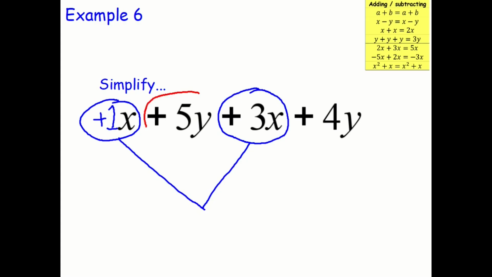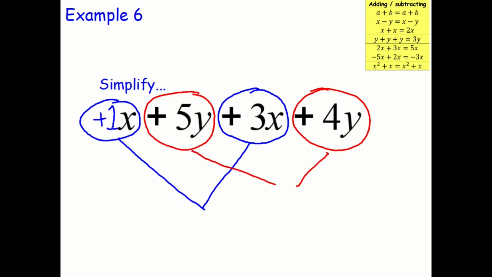Here I've got a y term, it's a positive 5y and a positive 4y, and I'm going to collect those together in a moment too. So positive 1 plus 3 is positive 4x. Again, you could just put 4x, you don't need to put the plus sign in, but I'm just going to leave it there for the moment. And then if you've got positive 5 plus 4, I've got positive 9y.